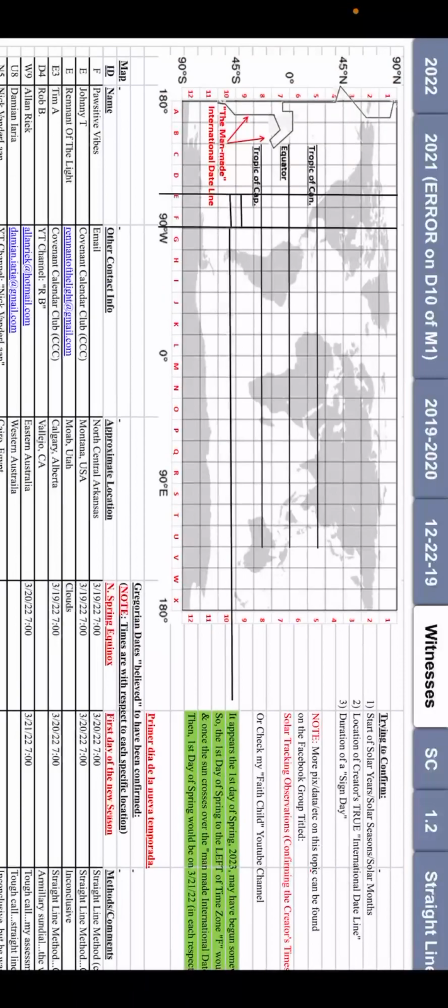This is the first year I've ever seen the Creator's international date line land on a land mass. Usually it's been out in the ocean or something, and it just hasn't been too important. But it's falling right in the middle of a landmass, which makes it a little tricky.